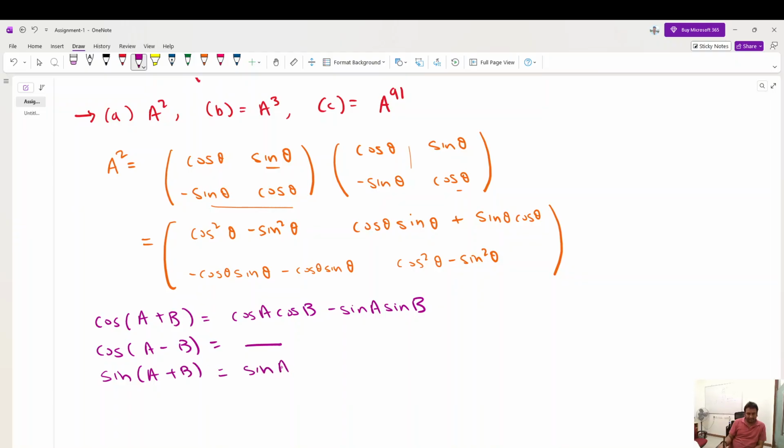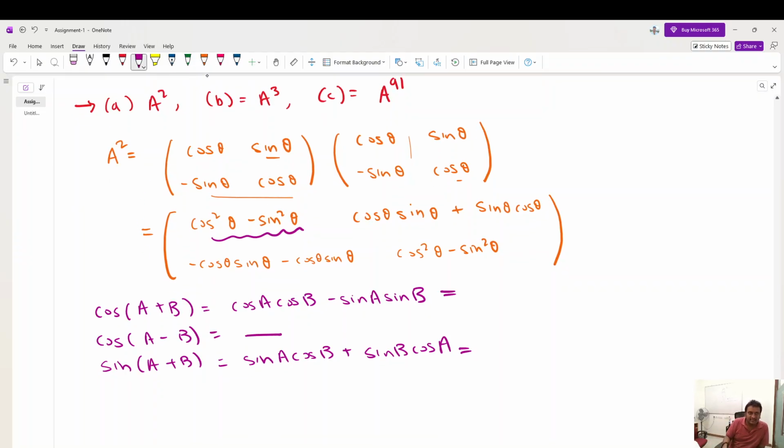Sin A cos B plus sin B cos A. Compare these terms. A is equal to B equal to theta in this case, right? So this will become cos 2 theta.